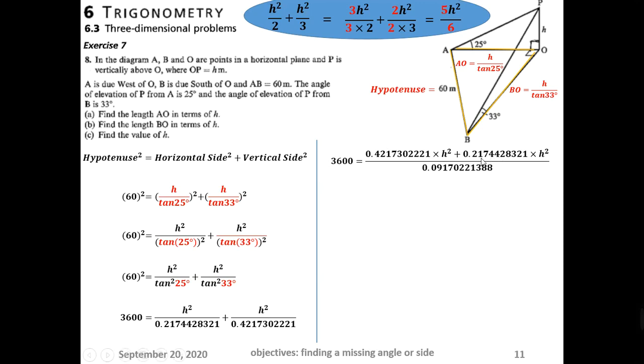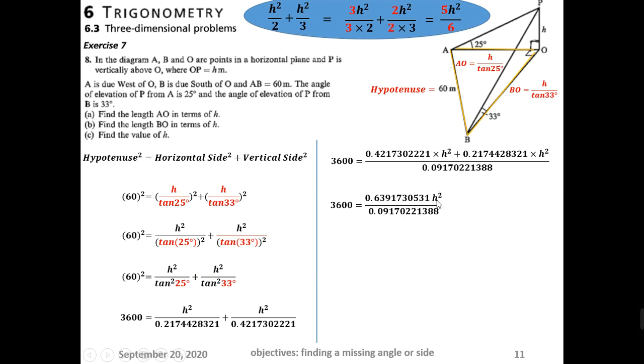So we're going to end up with this. And if we simplify this, you're going to add now 0.422 plus 0.217. So when we simplify it, the coefficient here is going to be 0.639 times h squared over 0.0917.